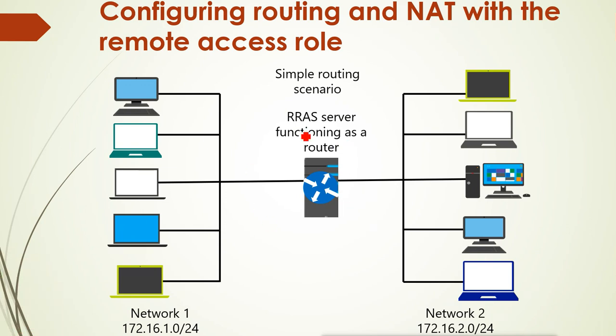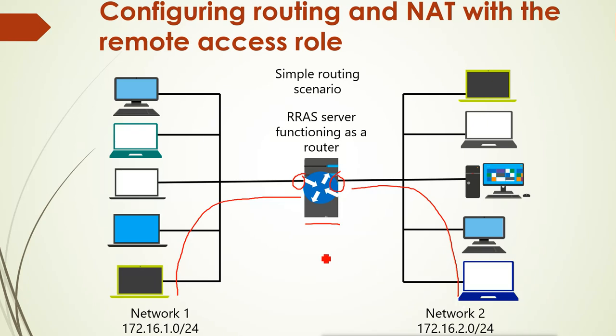We are going to configure a simple routing where we have a server here, our remote access server, which has two interfaces connected. One interface has the IP address of this network, and the other interface has the IP address of this network.